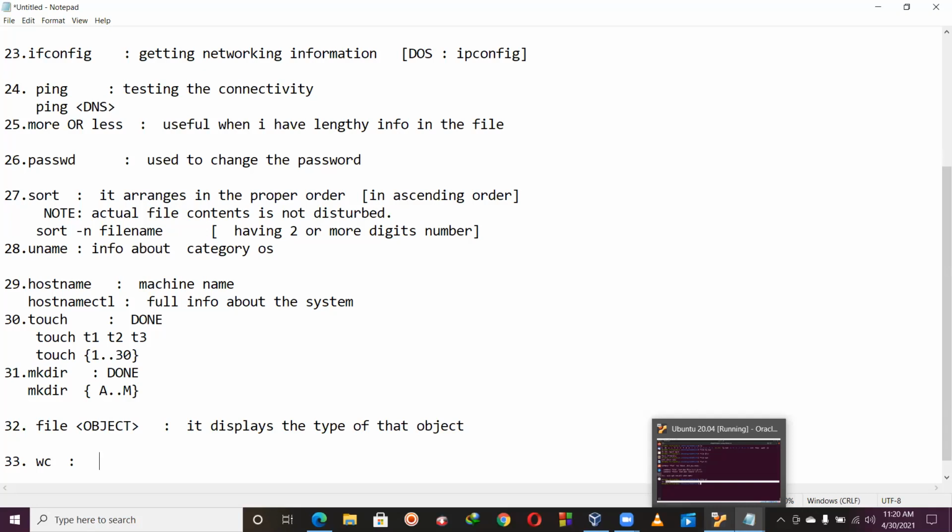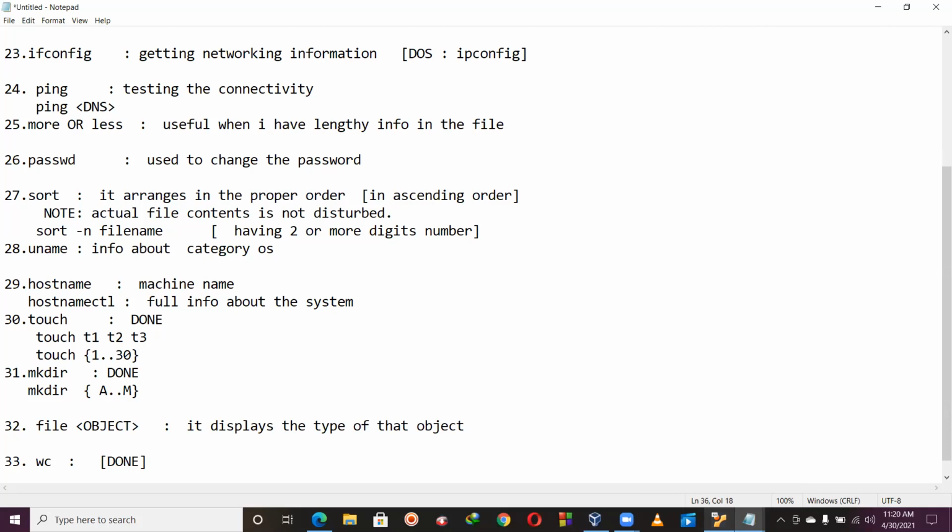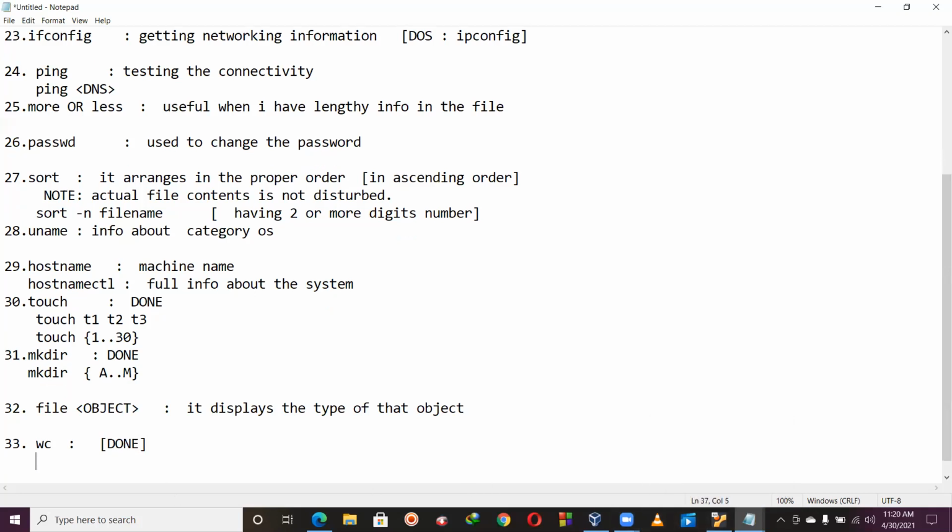Okay, see here once again, wc I already finished. But what is the variation here? wc file name is the syntax, yes or no? It gives you what, you already know.